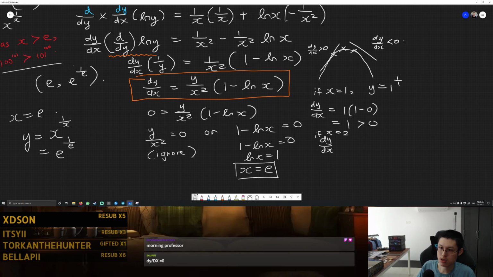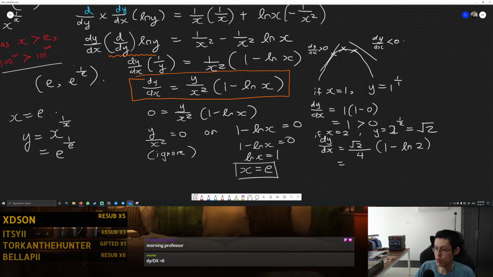Cool. What about when x is greater than e? So let's say x is 2. So that means y must be 2 to the power of 1 over 2, so square root of 2. Okay, so dy dx is going to be square root of 2 over 2 squared, which is 4, and then 1 minus ln 2.